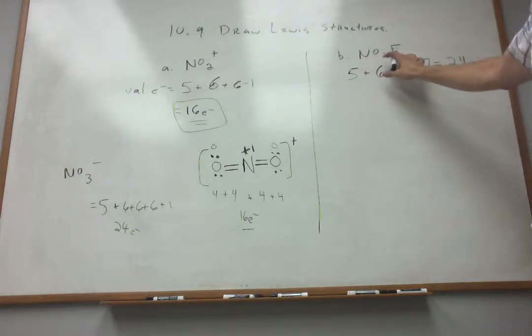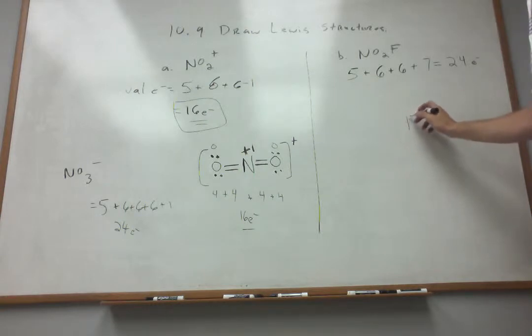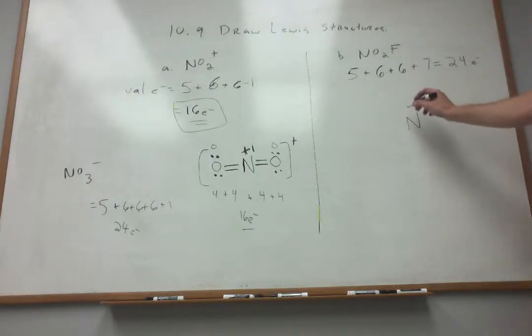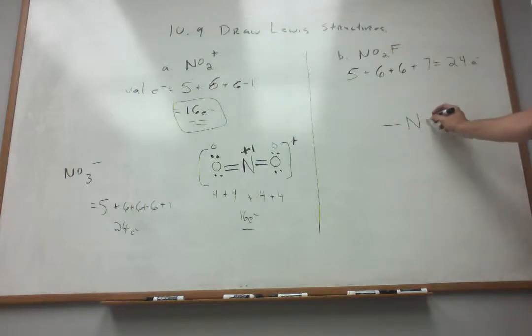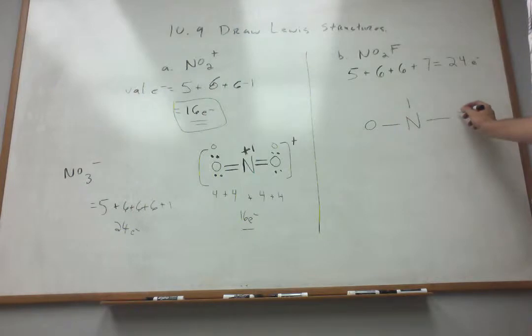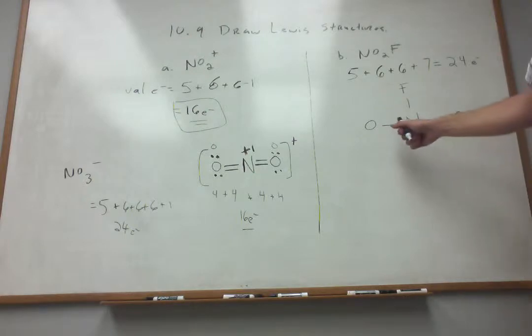Now I'm going to look at these elements and figure out what to put in the center. This one's a little bit hard because all of these are pretty electronegative. But the element with the lowest group number is nitrogen, which usually goes in the center, and the other atoms are connected to that. I'm going to need at minimum 3 bonds to hold the molecule together, nitrogen to oxygens and fluorine.